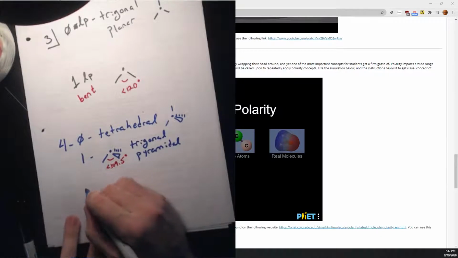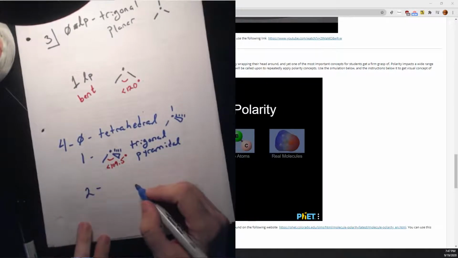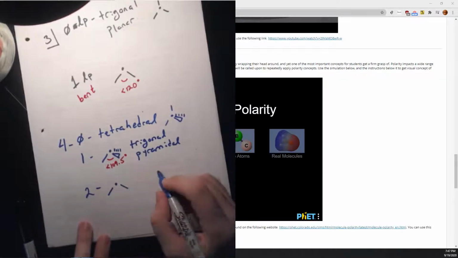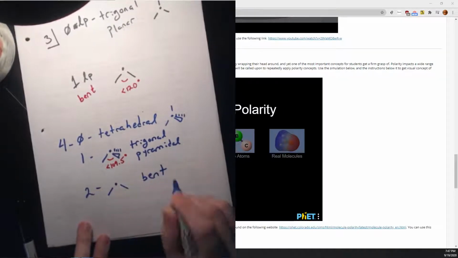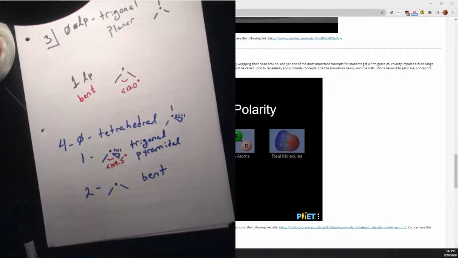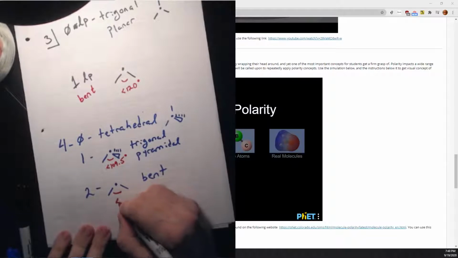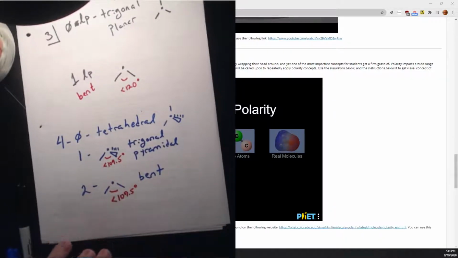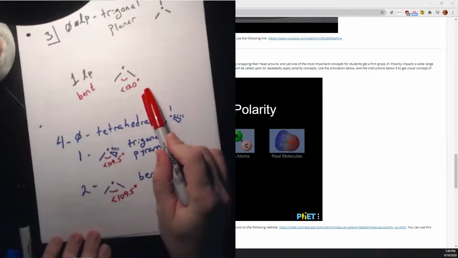Then if we have 2 lone pairs, another one of these guys becomes invisible, and we end up with another bent geometry. But it's a different bent geometry. It's important to make these distinctions because, again, this bond angle is less than 109.5. So it's going to have a different shape from this guy up here.